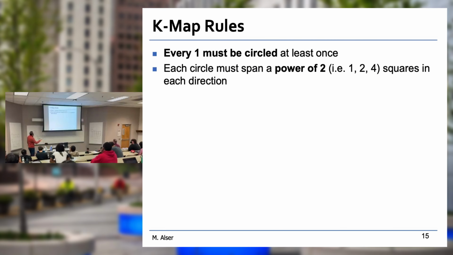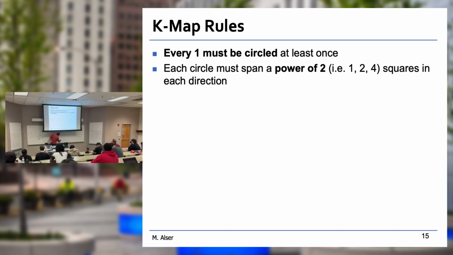Each circle must span a power of 2. By a circle, we mean a group. So any group should be of size a power of 2. So it could be 1, which is 2 to the power 0. Could be 2 to the power 1, 2 to the power 2, 2 to the power 3, and keep going. So if I saw someone highlighting a group with 3 ones, that is extremely wrong, because 3 does not belong to this range.